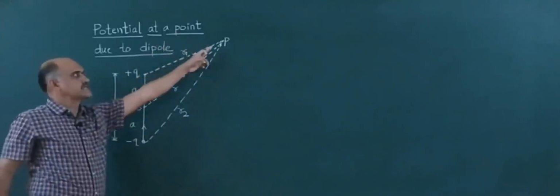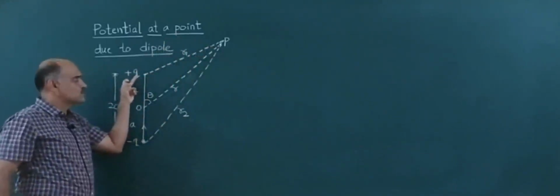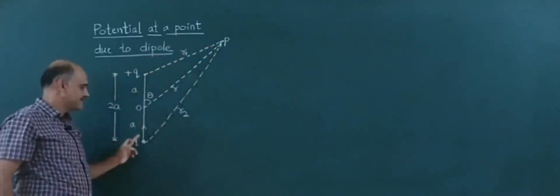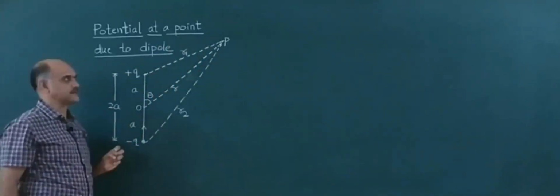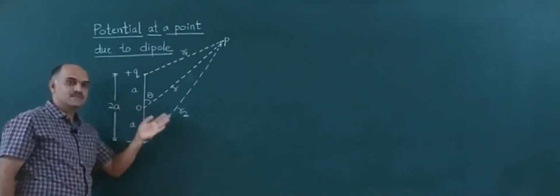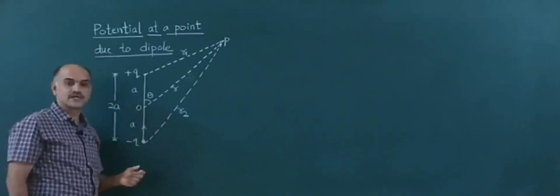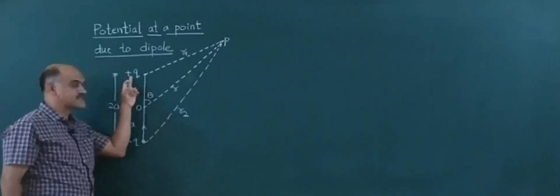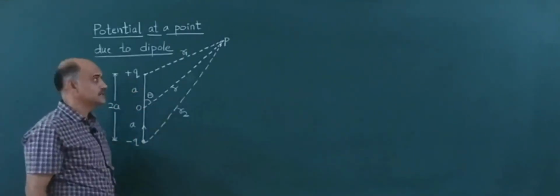Now, the potential at point P will be due to charge plus Q and also due to charge minus Q. We have seen that potential is a scalar quantity, which means you are required to consider the sign, plus and minus.